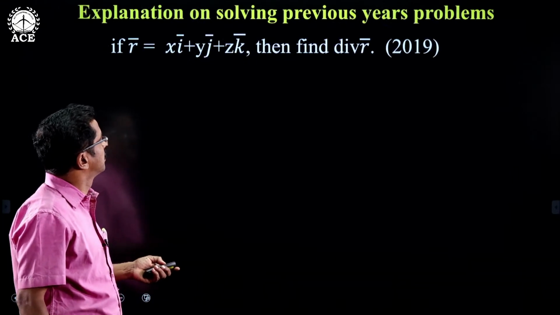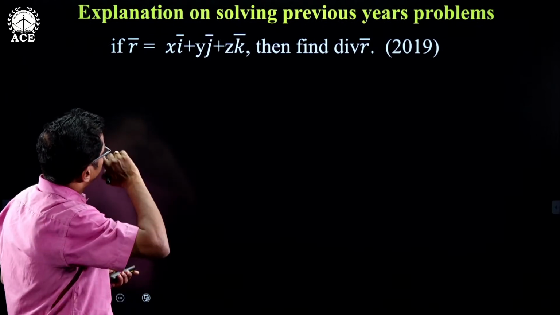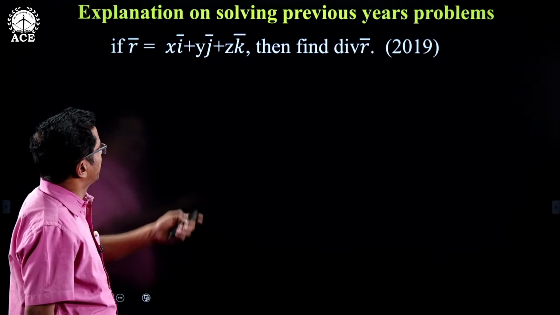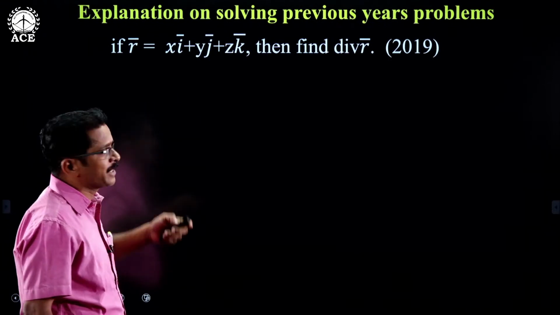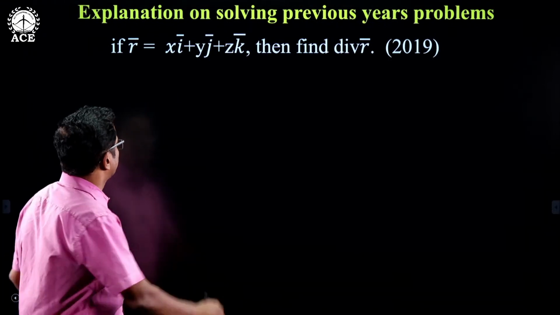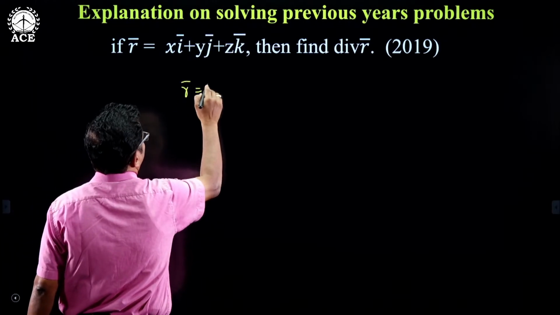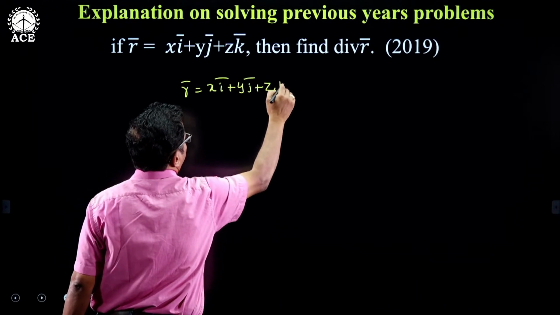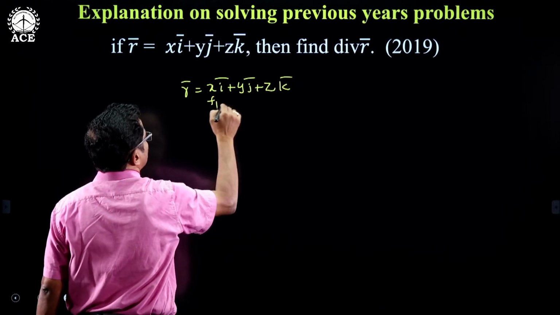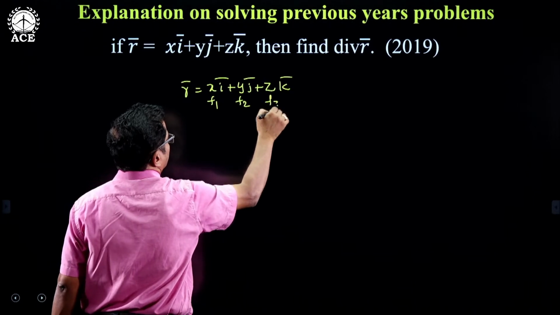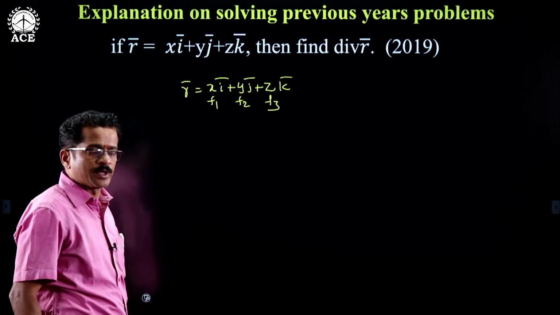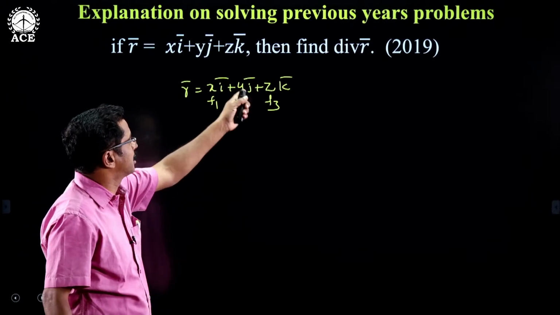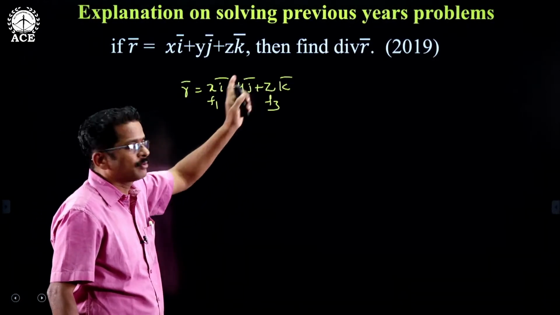Likewise, next, to find the divergence of R bar, where R bar is xi bar plus yj bar plus zk bar. So this will be taken as F1, F2, F3: along i bar we have x, along j bar we have y, along k bar we have z.